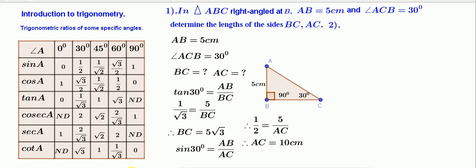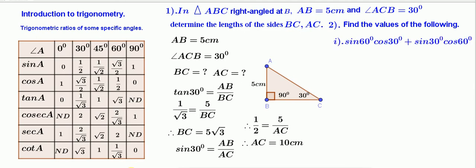Next problem. Find the values of the following. First one, sin 60 degree cos 30 degree plus sin 30 degree cos 60 degree. Let us consider the problem.